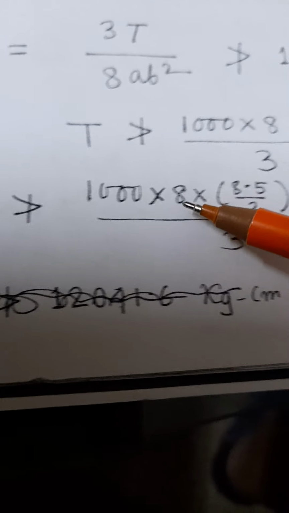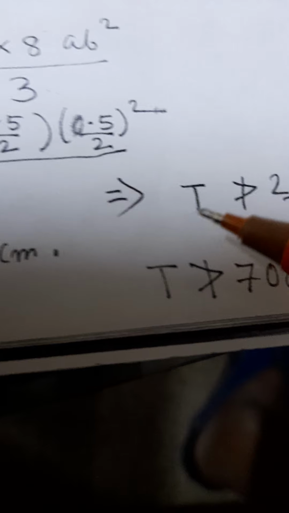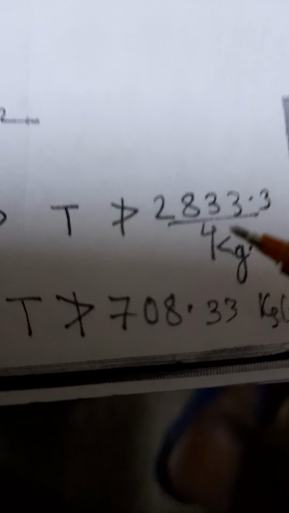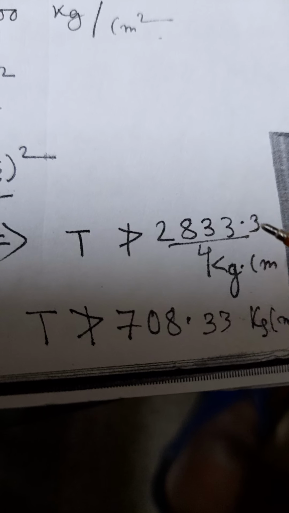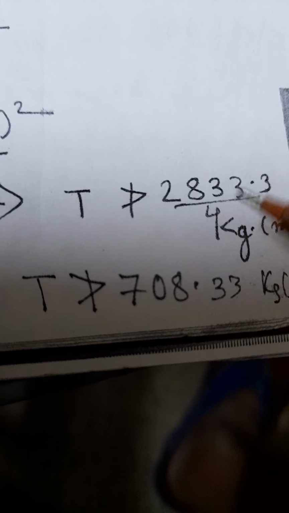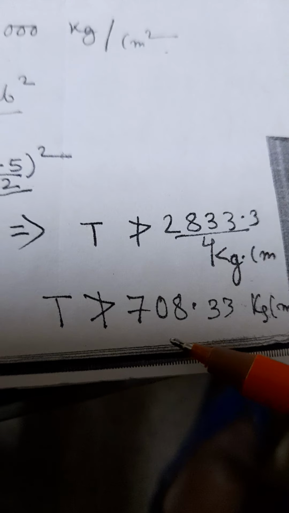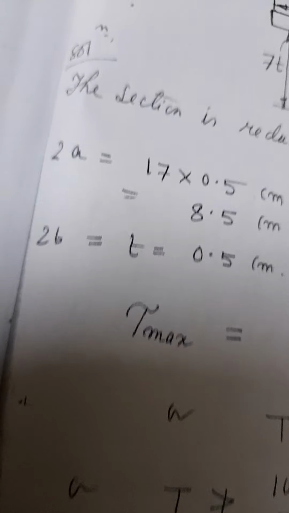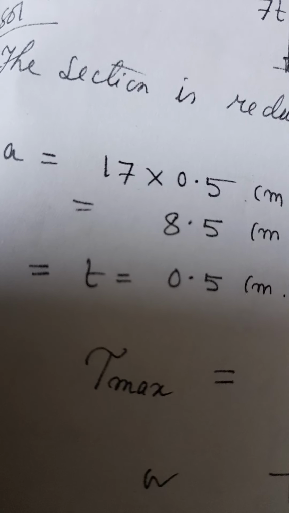Putting the values of a and b, we get T not greater than 2833.3 kg centimeter. Divided by 4, this is 708.33 kg centimeter. So we have found out T. It is not greater than, so you can take 700 kg per centimeter.